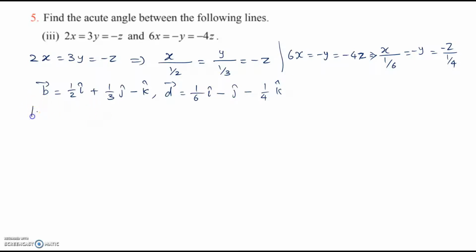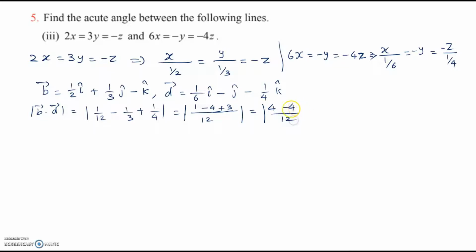Therefore, our b dot product with d would be equal to half into 1 by 6, which is 1 by 12, minus 1 by 3 plus 1 by 4, and that's equal to, keep 12 as the denominator, then 1 minus 4 plus 3. That would be 4 minus 4 by 12.